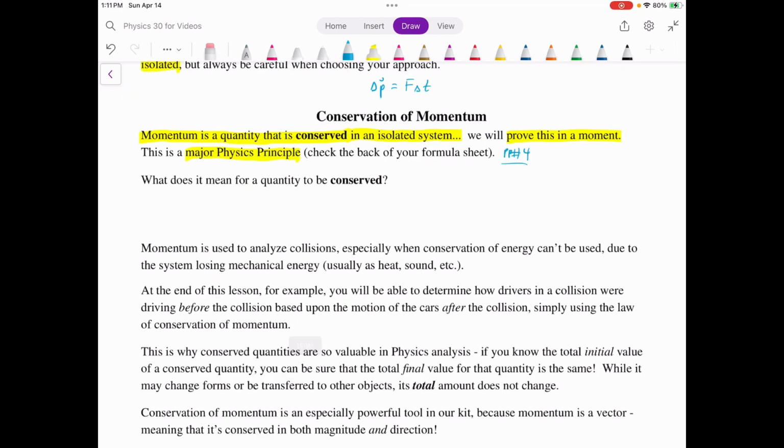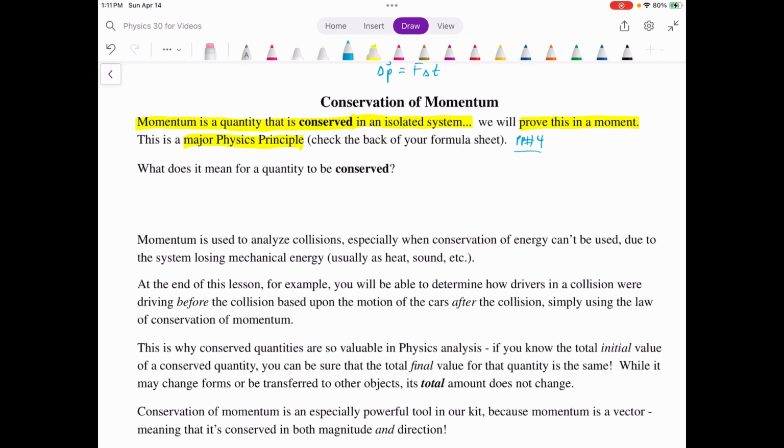So what does it actually mean for something to be conserved, right? What does it mean that momentum is always conserved? Well, we know that conservation means it is not created or destroyed. It can move from one place to another. It can be transferred, but it can't just disappear, and it also can't just appear. It can't be created.